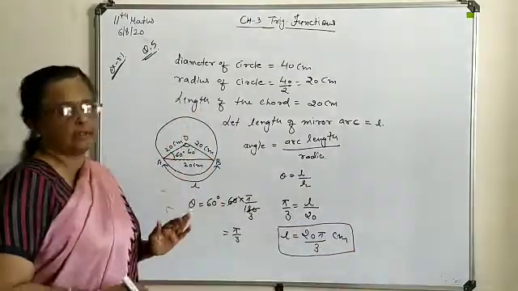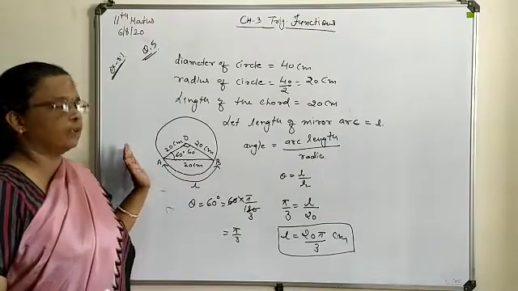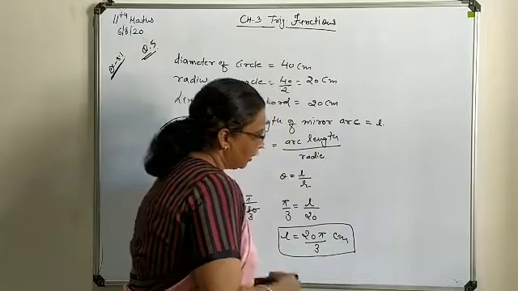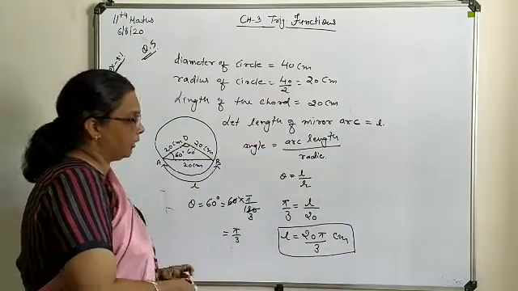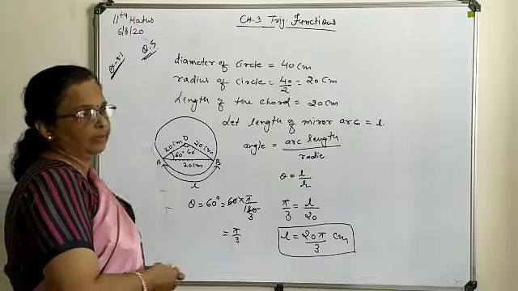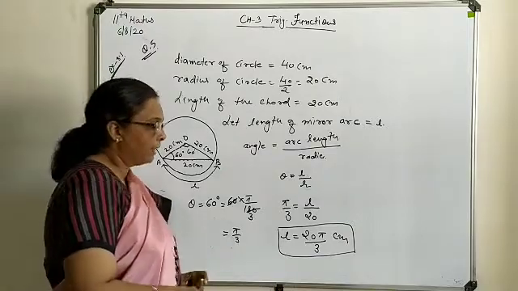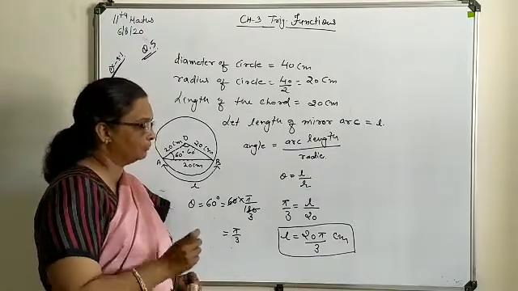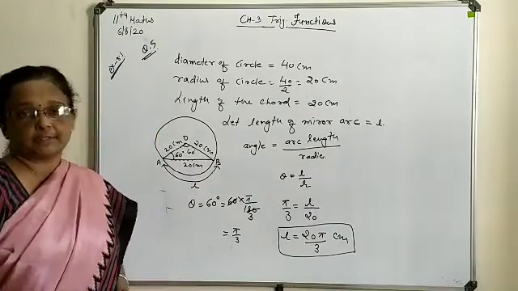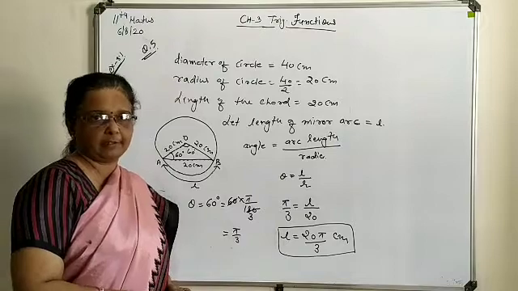This way an unknown quantity can be found on the basis of the given parameters. Now next, one of the important questions, question number 6, in which two circles are available with different radii, and at the center minor arcs are formed with different angles. One is 60 degree, another is 75 degree.